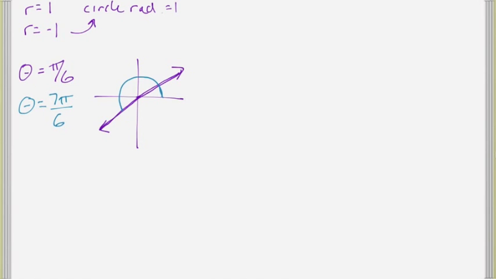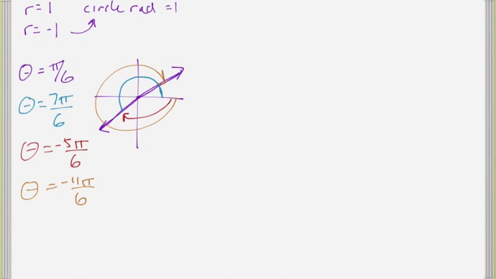Or thinking about going backwards around our circle, negative 5pi/6 would give exactly the same line. Or negative 11pi/6 would give exactly the same line. And we could keep on going around more times forward or backwards, but those are just our first set of answers.